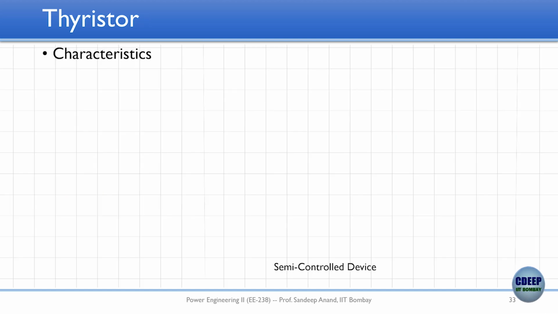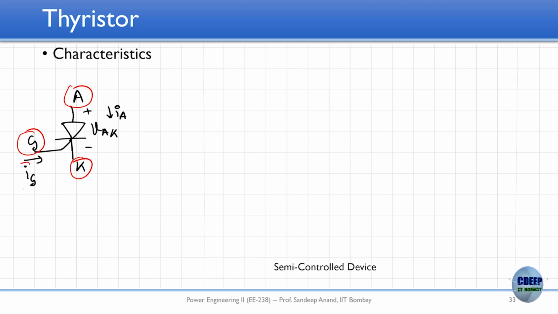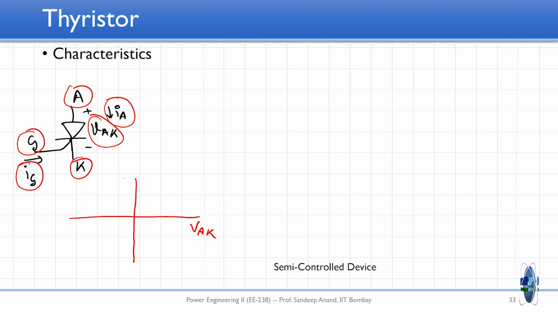What are the characteristics of these devices? This is the symbol. This is anode A, this is cathode K, this is gate G, this is the gate current IG, this is the anode to cathode voltage, and this is the anode current. This is the rough structure. Let's say I draw VAK and IA, and I talk about an ideal device.